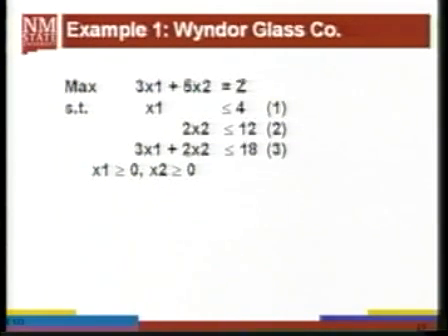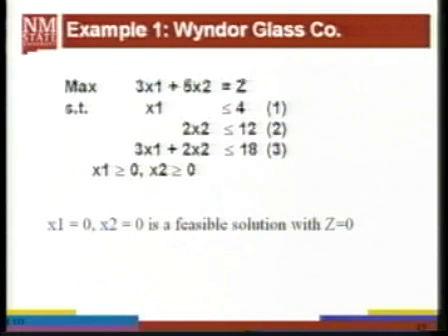And what about this? Let's reconsider the window glass example. Here, x1 equals 0 and x2 equals 0 is a feasible solution with z equals 0. The objective function would be 0 for that, right?